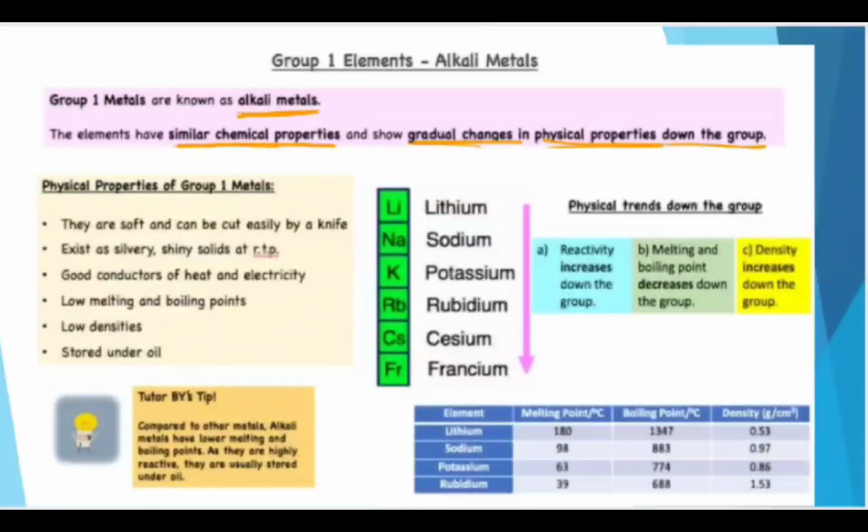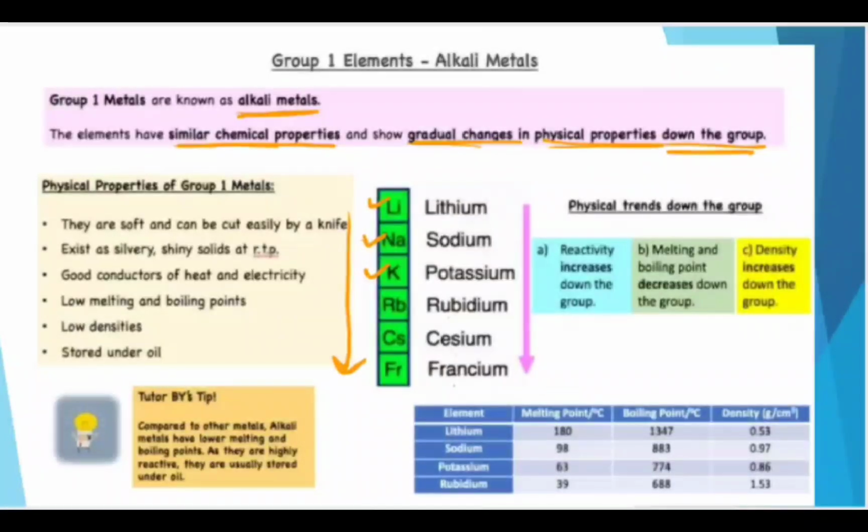The first one we have is lithium, then sodium, then potassium. This is all that you need to know. However, there are more in group 1, which are rubidium, caesium and francium. As you go down the group, physical properties change.